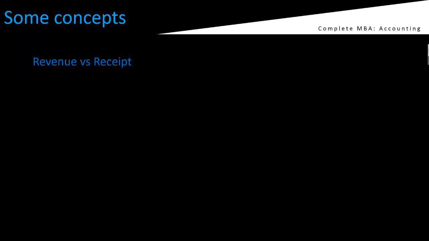In accounting, revenue and receipt are not the same. Revenue is something written when the sale is made. Receipt is done when the cash is obtained. So when you get the euros or the dollars, that is the difference.